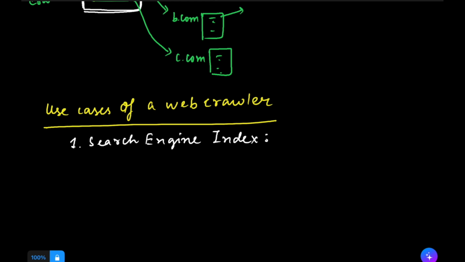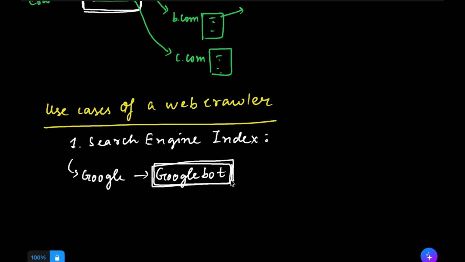This helps us in viewing pages which are very relevant to the keywords we put in the search bar. The famous search engine Google also uses a web crawler. Google has its own web crawler called Googlebot. You can read more about it. I'll post the link regarding Googlebot. It's an interesting topic, you can go through it.